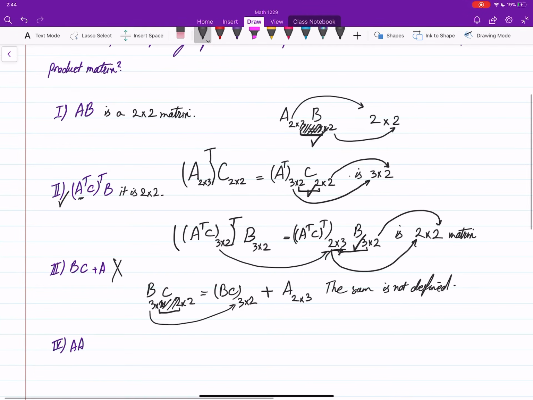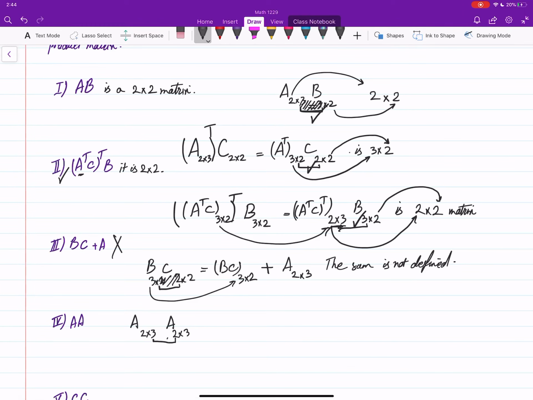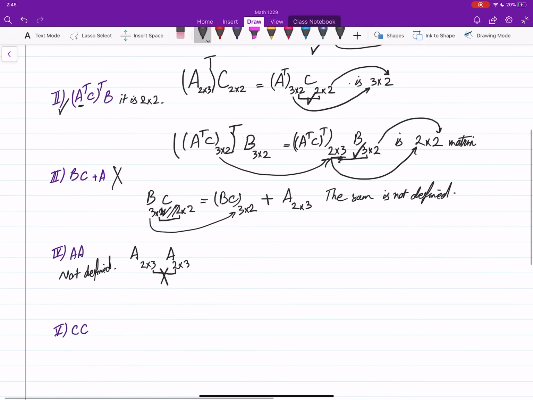How about A times A? A is 2 by 3 and A is 2 by 3. Well, the number of columns of A is not equal to the number of rows, so this fails. A times A is not defined. How about C times C? C is a 2 by 2 matrix and 2 by 2.